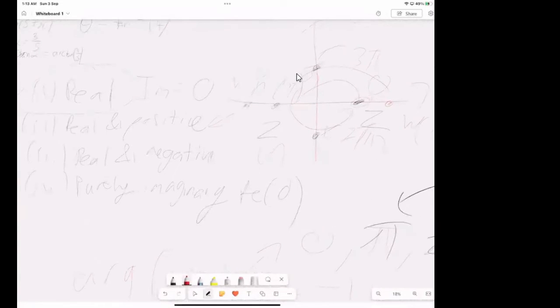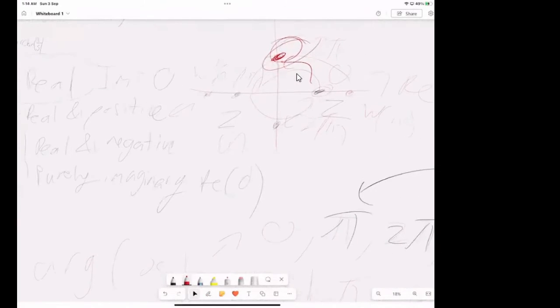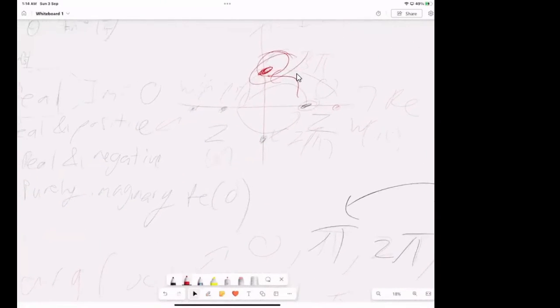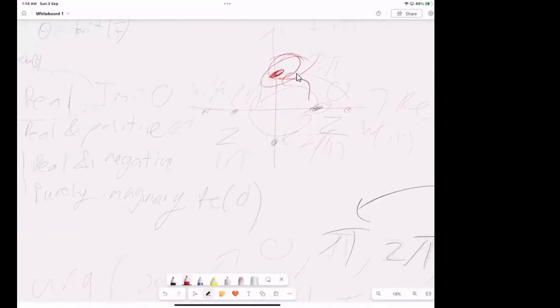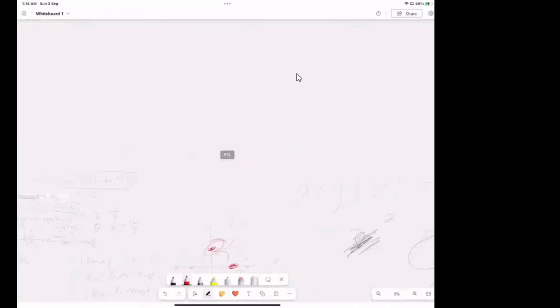So now we consider the second case, whereby it's real and positive. So real and positive means that we are looking here.